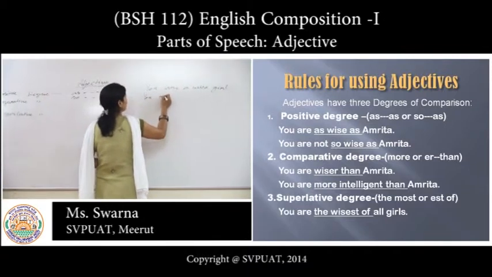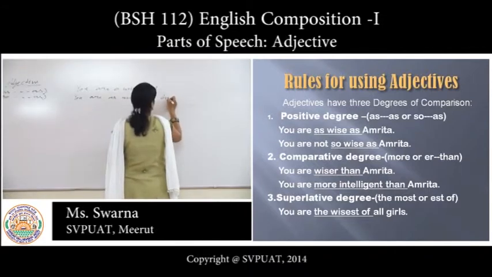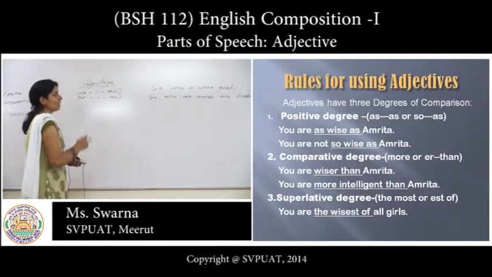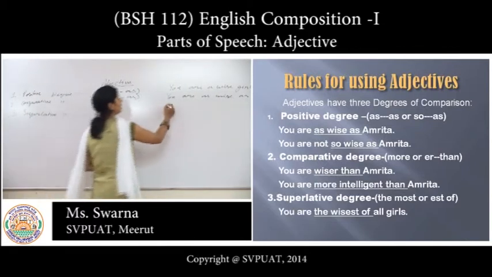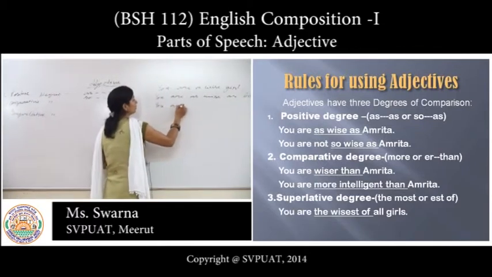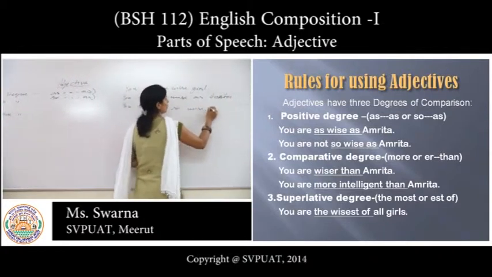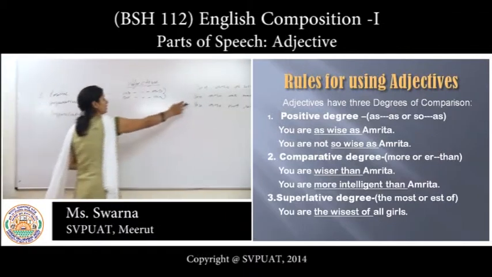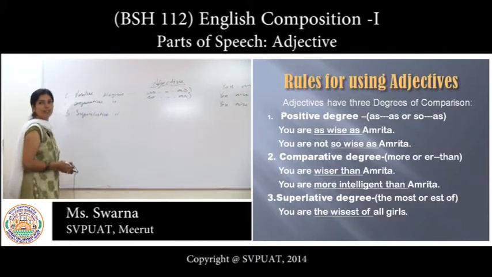Like, you are as wise as Amrita. And if we compare in a negative sense, then we use so as, like you are not so wise as Amrita. So both these sentences are sentences of the positive degree.